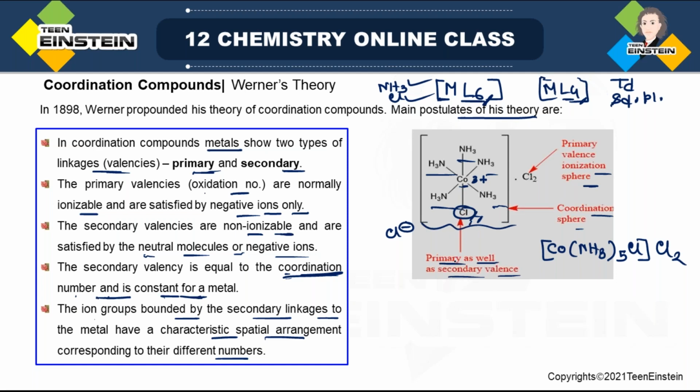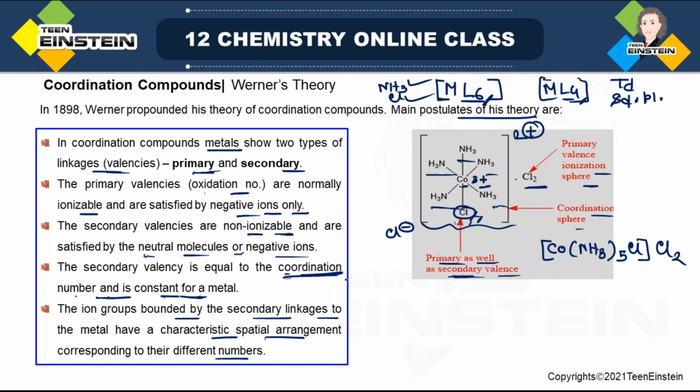Why is it both? First reason, it is balancing the oxidation state, which is 3+. So 1 Cl minus means now the charge will be 2+, and that 2+ will be balanced by 2 Cl minus. So now it is behaving as if it is primary valence. But this is also fulfilling the coordination number, that is, it is a part of the coordination moiety. So now it is also secondary valence.